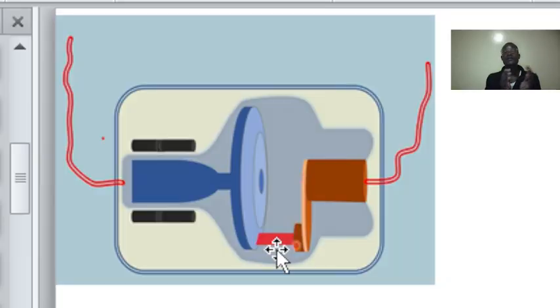Now we all agree that energy can neither be destroyed nor created, but it can be converted from one form to the next. Through this, we are able to convert kinetic energy to heat energy and the X-rays that we really need for diagnosis and even for treatment. Now, what creates this kinetic energy is the electromagnetic force.